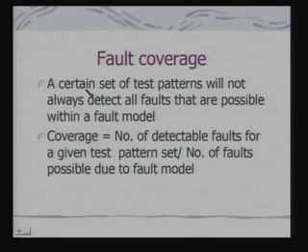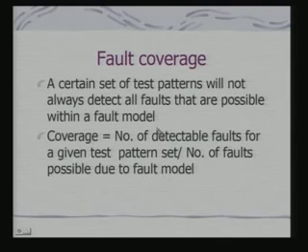Now, to actually evaluate the tests, we use a parameter which is called fault coverage. Fault coverage is the number of detectable faults for a given test pattern divided by the number of faults possible due to the fault model.